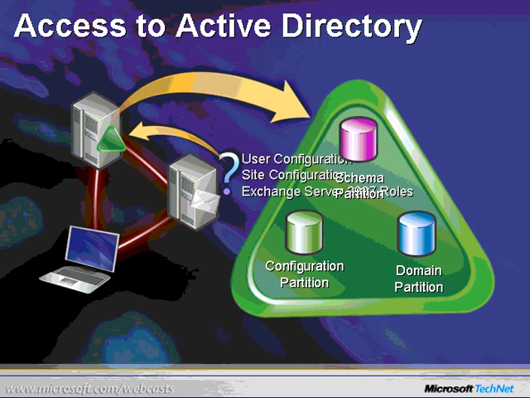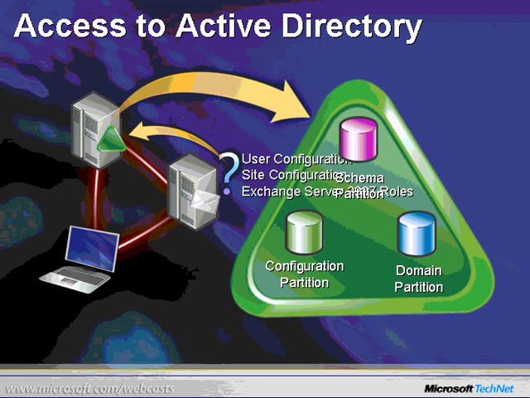And when you look at the data that's actually stored in each of those partitions, and you look at the schema partition, well, that's where all the schema attributes are defined. That's where information that defines the class of the object and the attributes associated with the object. The fact that a user object has all these additional attributes related to Exchange, that's stored in the schema partition. When you extend the schema, that's the partition database that gets updated.